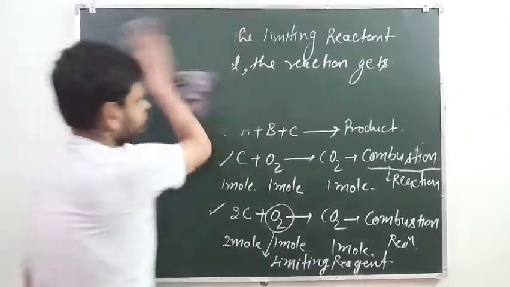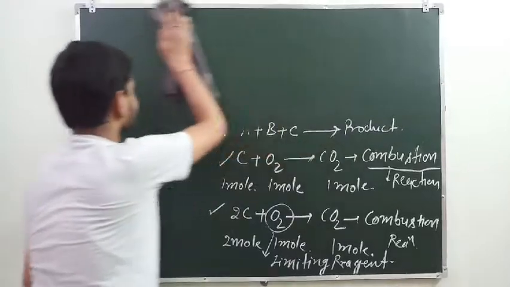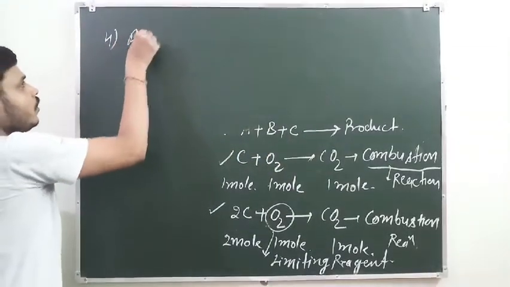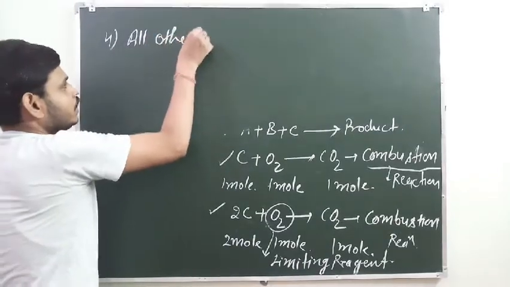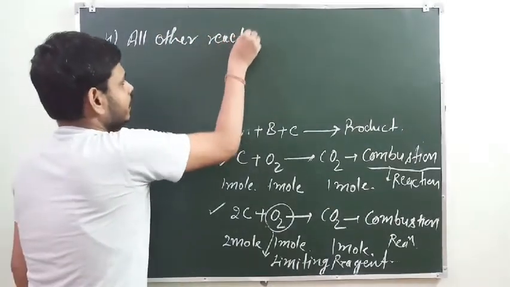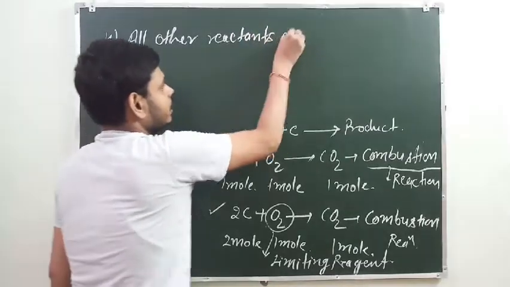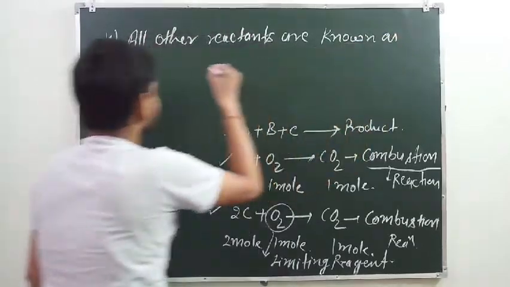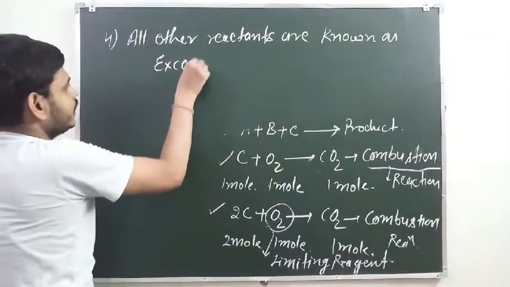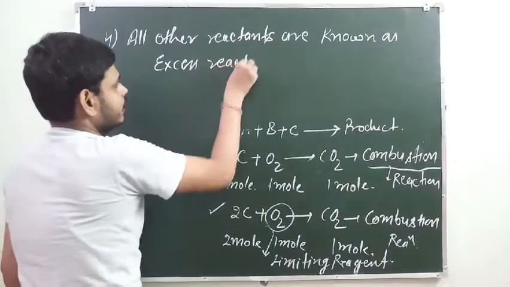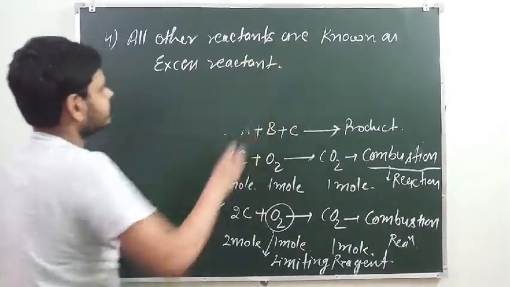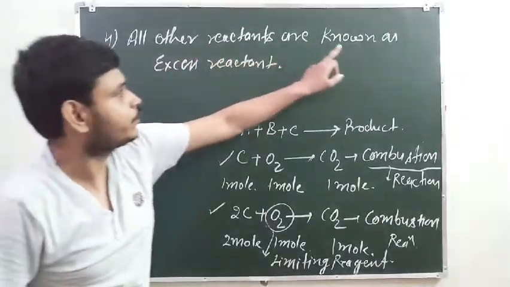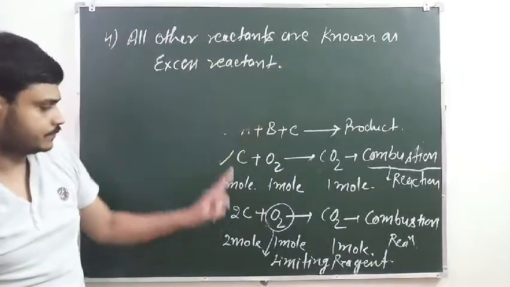The fourth point is all other reactants are known as excess reactant or excess reagent. Clear? All other reactants are known as excess reactant.